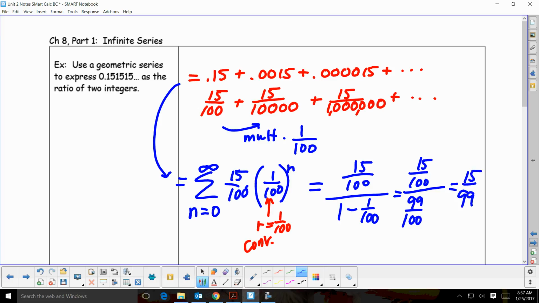I can simplify that even. 3 goes into both of those. You believe me? Check it. Put it in your calculator.